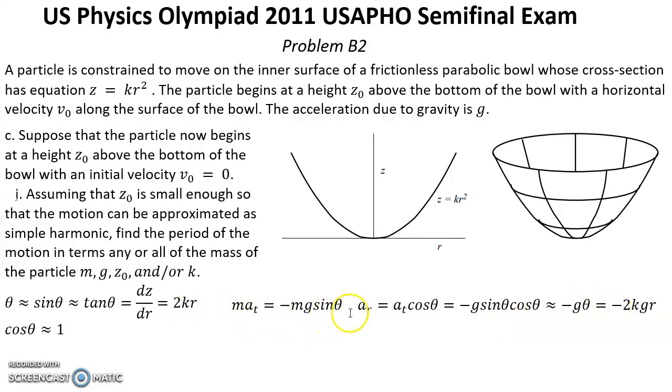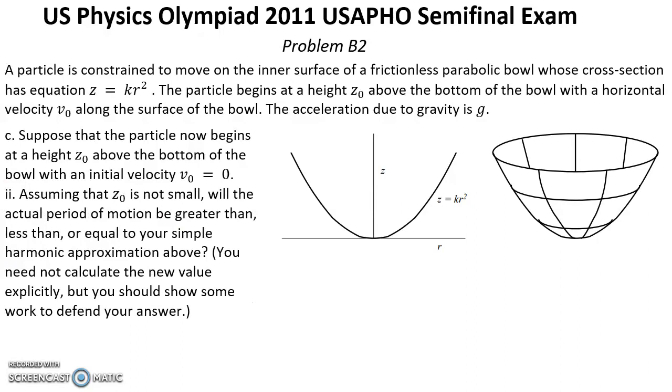So we have ar equals negative 2kg r, which corresponds to oscillation with omega equal to the square root of 2kg. From here we can find the period. The period will be 2 pi over the square root of 2kg. That's the answer for part C, question 1.